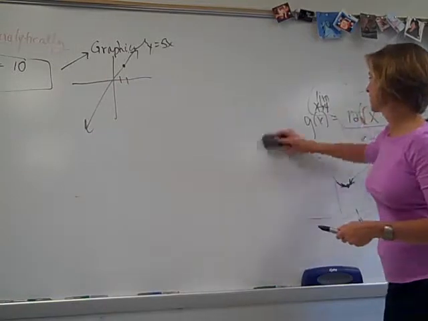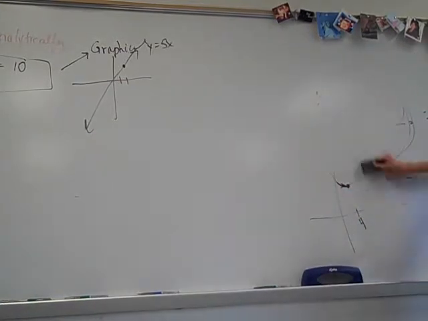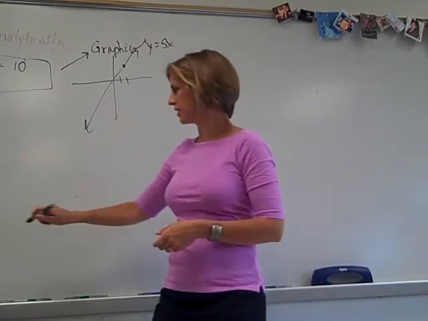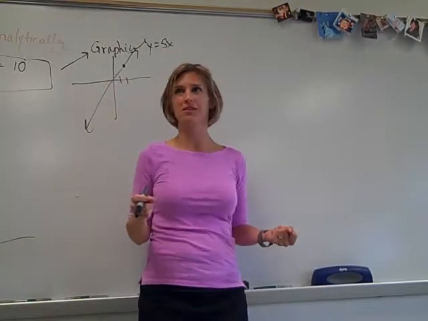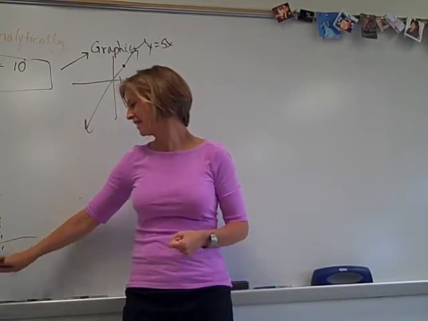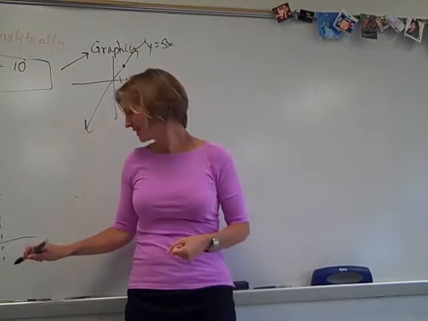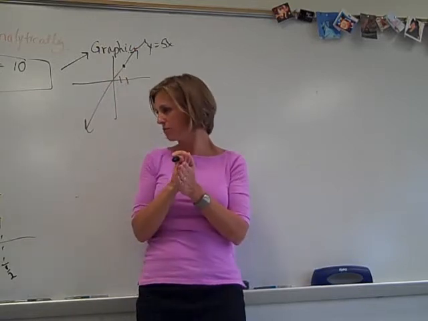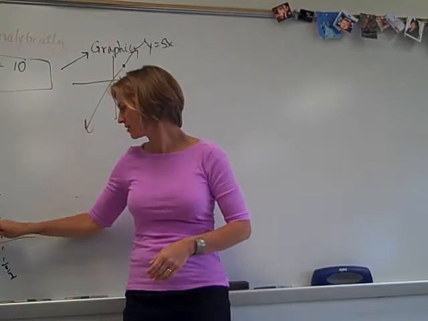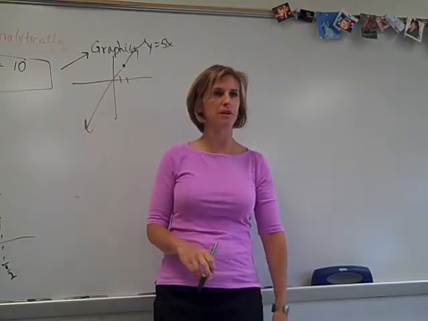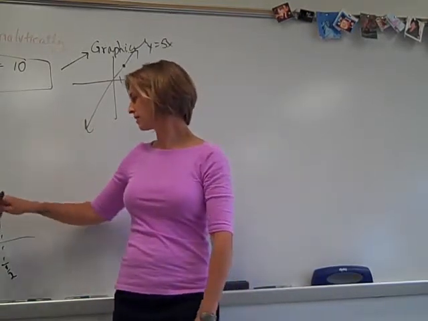Skip to number 3 for a second. The limit as x approaches pi over 6 of the tangent. If I think about what tangent looks like, and everybody remembers, I'm sure, where its asymptotes are, negative pi over 2 and pi over 2, it gets split over the y-axis, and it looks like this. So pi over 6 is like here, so there's no problem with it. I can just plug in pi over 6.